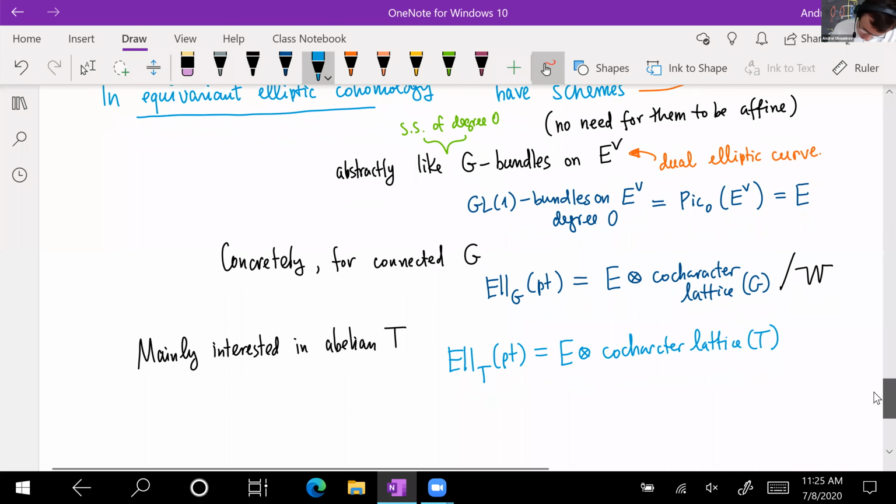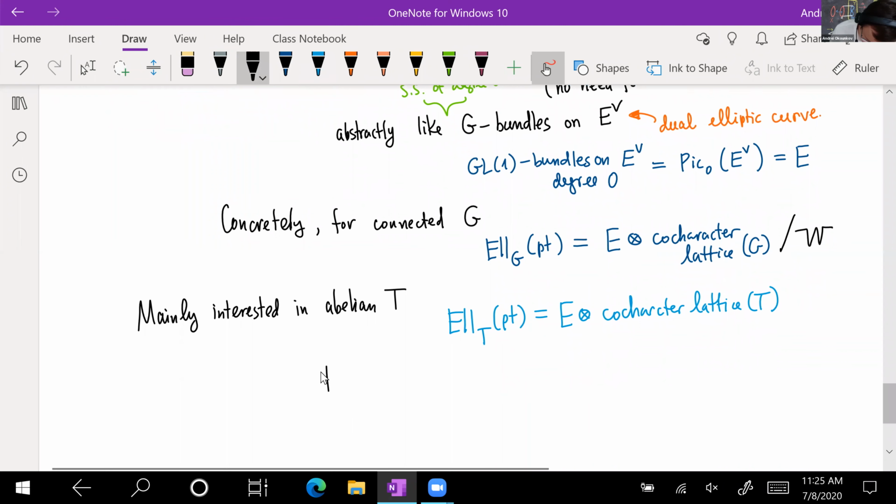And if I have a map between tori, torus 1 maps to some other torus 2, this induces a map on co-character lattices, and so then it induces a map on the elliptic homology.